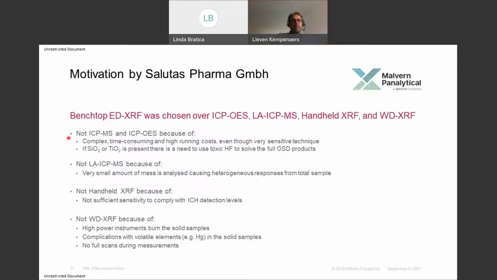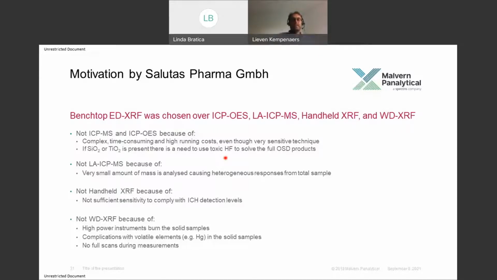They mention not ICP-MS or ICP-OES because it's a complex method, time-consuming, and has high running costs. And they also mention specifically, and that was also the study, if there is silicon oxide or titanium oxide from the coating of the tablet, if that is present for ICP, then you have to use toxic fluoric acid to dissolve everything into the liquid.